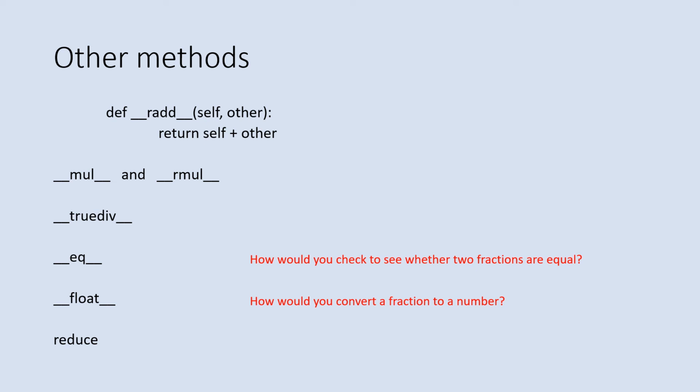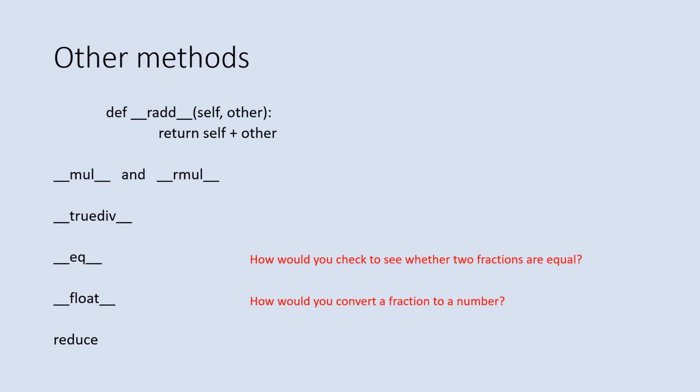That would not be a dunder method because that's not utilizing or overloading something that's already built in. That's not using existing structure that's built into Python. This is doing something extra, something specific to our fraction class.